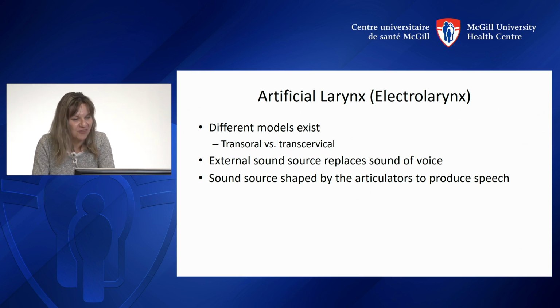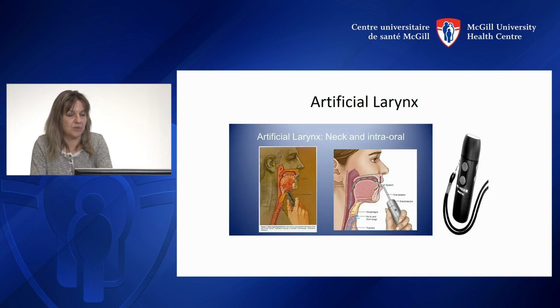If we look at artificial larynx, there are different models, transoral or transcervical models, and practically it's an external kind of a buzzing sound that replaces the sound of voice. The sound is shaped by the articulators to produce speech. Looks like this. So the one on the left is the external neck model.